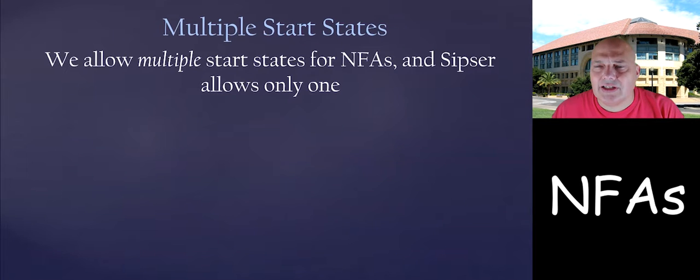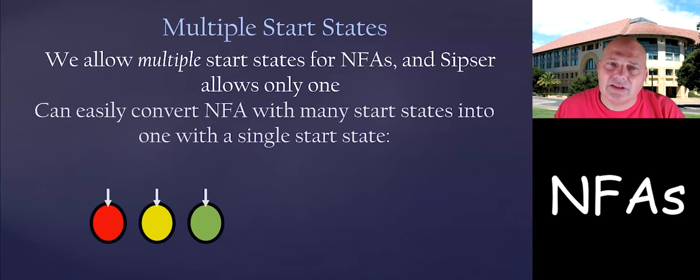And finally, there are two ways of defining NFAs, and here we're going to deviate a little bit from Sipser. So Sipser allows a single start state, whereas we will allow multiple start states. And the way to convert an NFA with many start states to a single start state is using this epsilon transition.